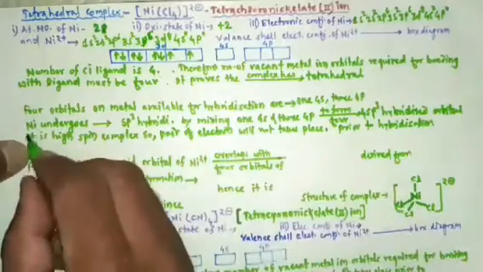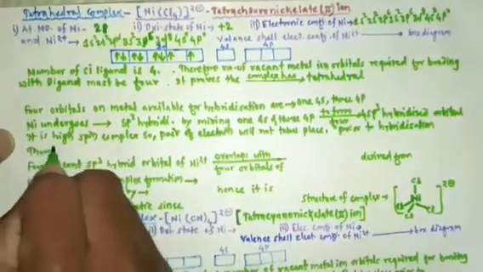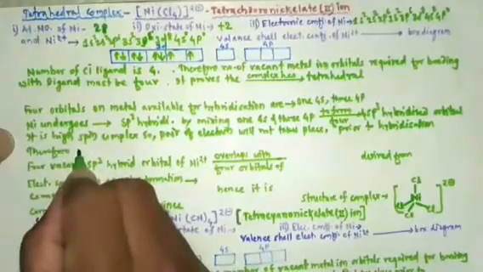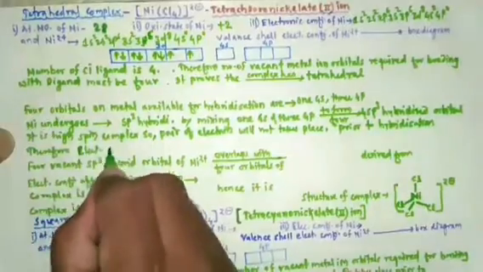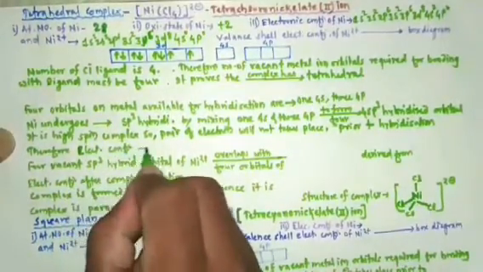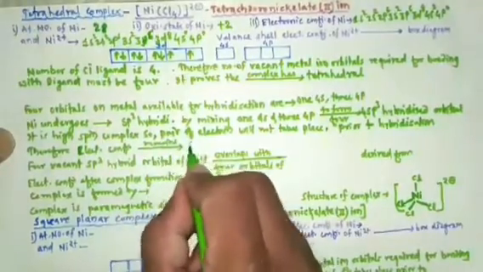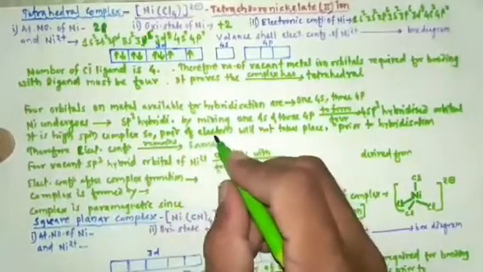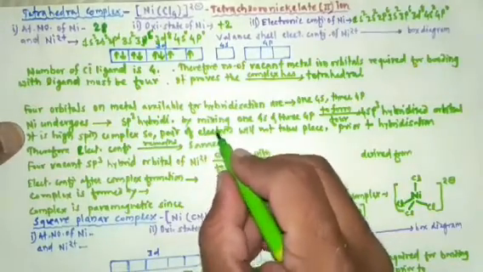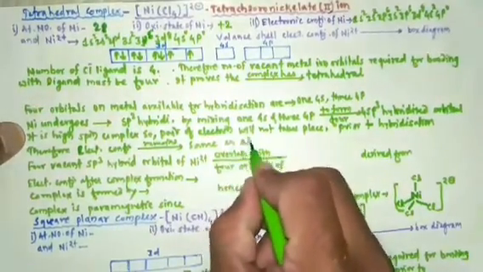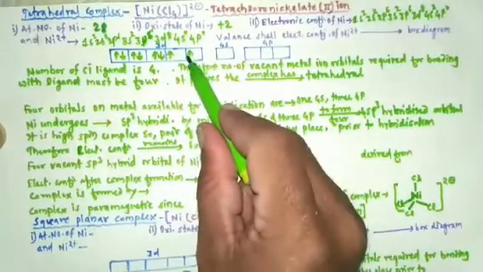That means the electronic configuration remains the same as in the free state.